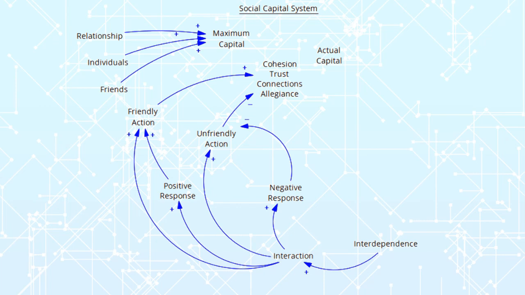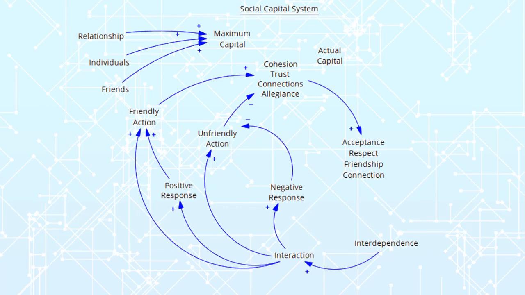The assets of cohesion, trust, connections and allegiance satisfy the needs of acceptance, the respect of others, friendship and a sense of connection. Greater satisfaction of needs motivates individuals to increase interaction in pursuit of even more satisfaction.